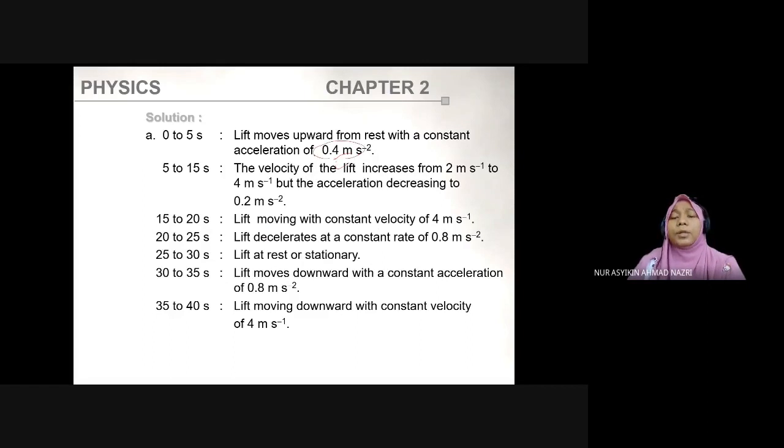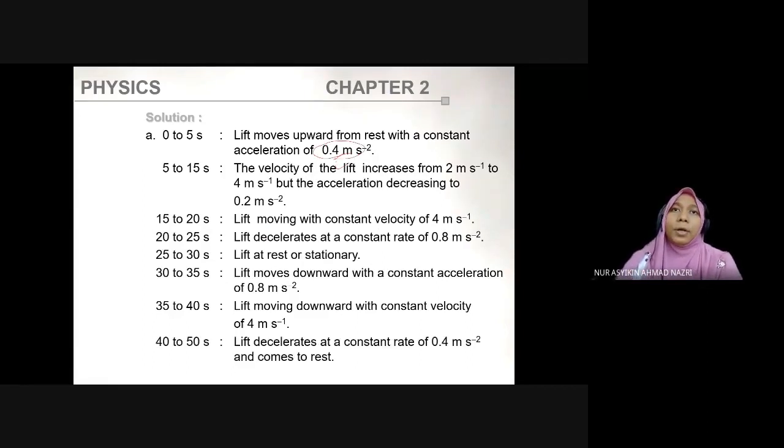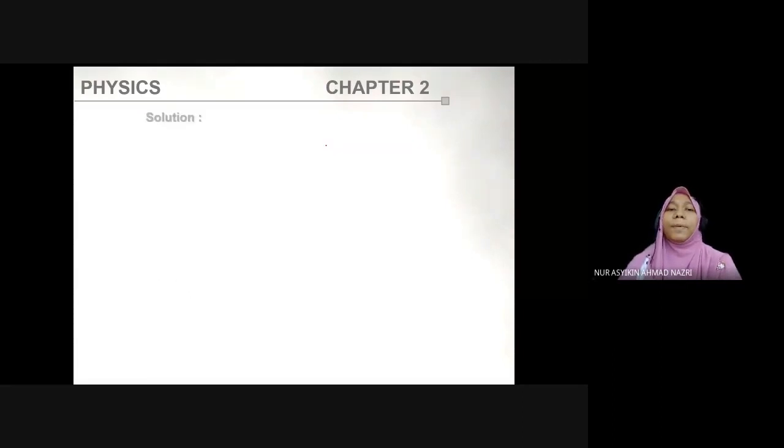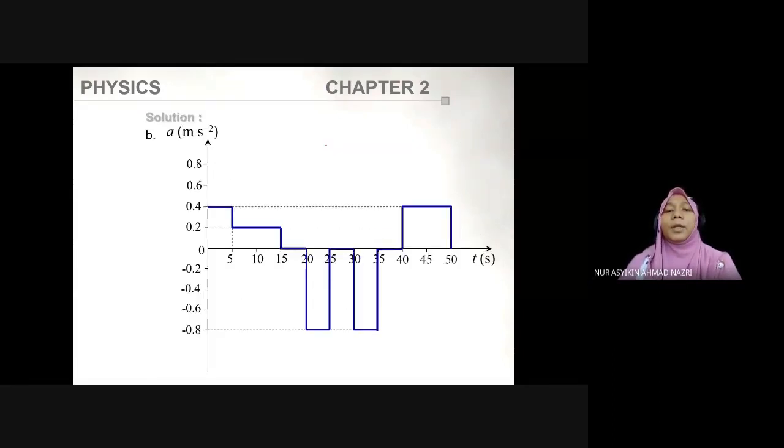So carikanlah so that your answer more specific, more precise, so your examiner tak ada sebab nak tolak your punya jawapan. That's the best things dah.